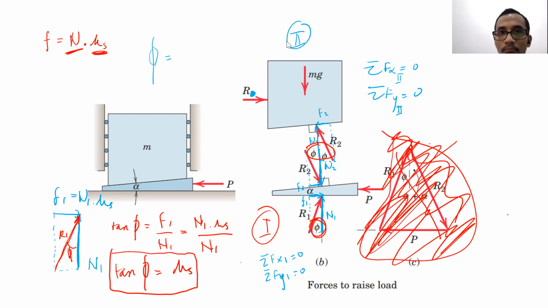Why do you use mu s, because the question is not stating that the wedge is already moving? We always use mu s because our assumption at the beginning is always the stationary position. Because last class, the question stated that the object is already moving. In that case, if there is nothing there, it means that you have to assume that the object is from stationary.